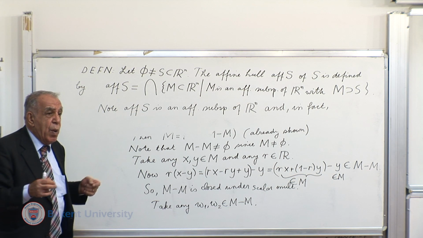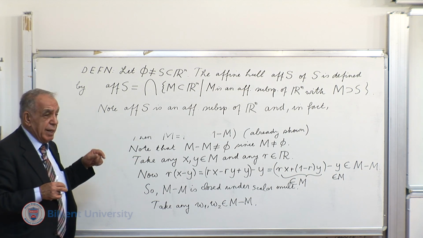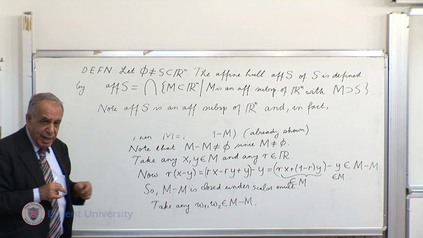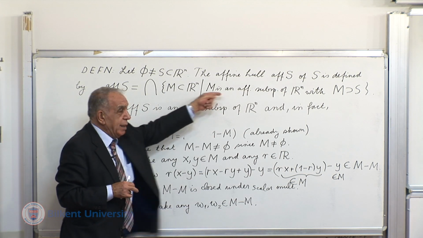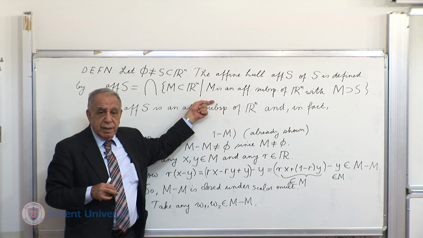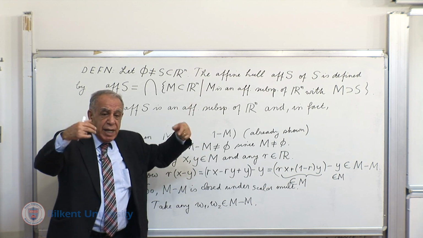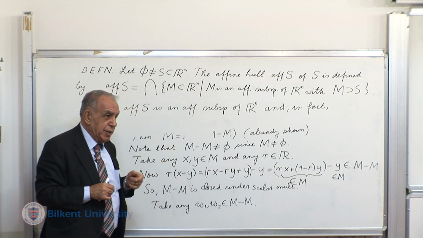Well, no matter what affine subspace in Rn which contains S you take, it will be in this collection. So the intersection over the collection is a subset of each of the members of the collection.